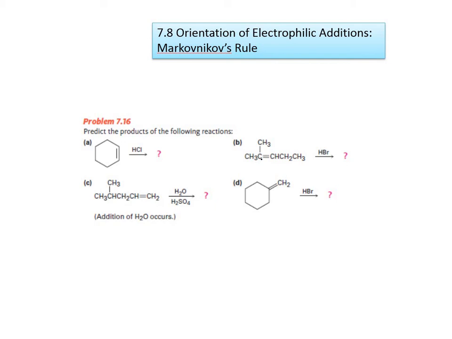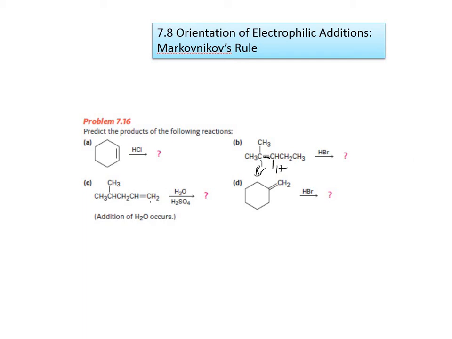It's very easy. We have the carbons of the alkene double bond. Which one has more hydrogen? This carbon has 0 hydrogen, this carbon has 1 hydrogen. So according to my rule, hydrogen will be added here and Br will be added here. This will be a single bond. So that's the major product. The other way around is going to be the minor product.